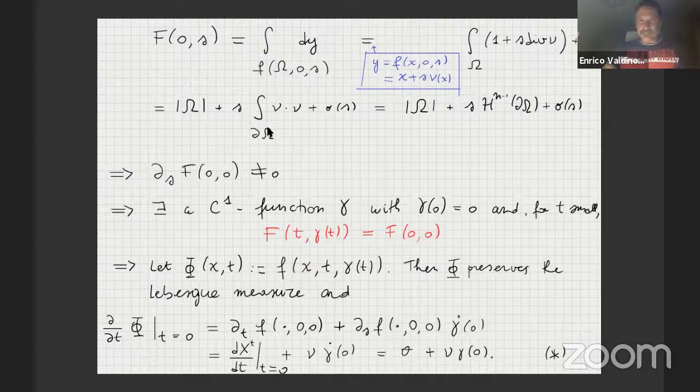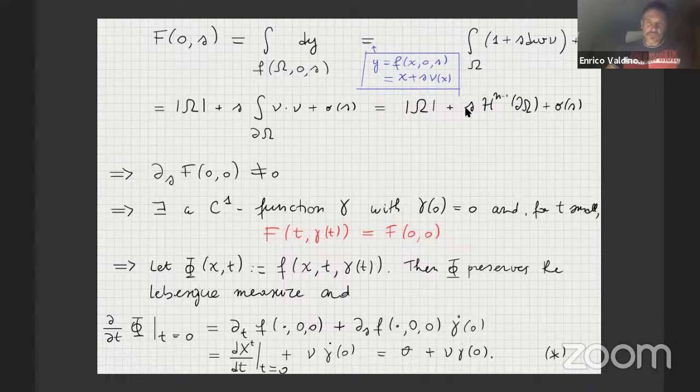Okay, so of course, nu times nu is 1. And so here I have the measure of the surface of omega. And then I have computed F at time 0. So the Lebesgue measure of the evolution with respect to s, s is my correction, at time 0. Okay, this means that I can take derivatives in s at s equal to 0.